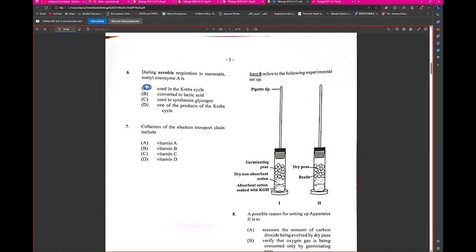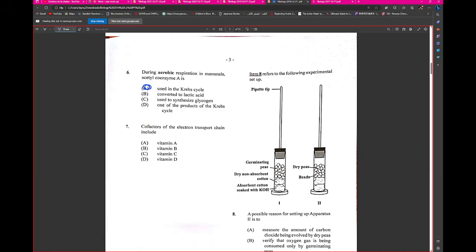Pantothenic acid is the same thing as vitamin B. Well, you tell me. It is vitamin B5. So you're saying that's why you think B would be the answer?